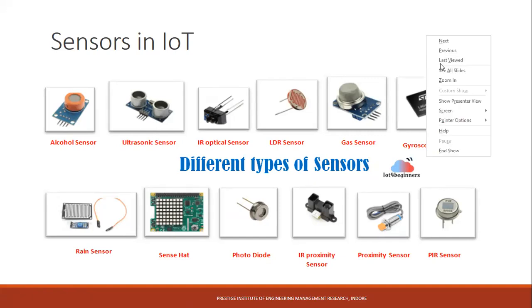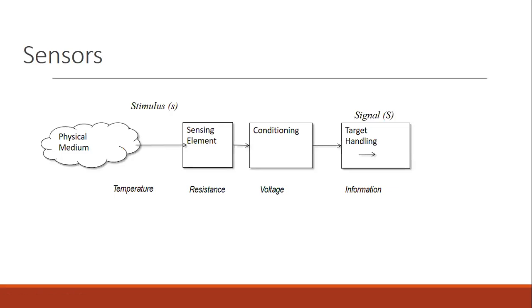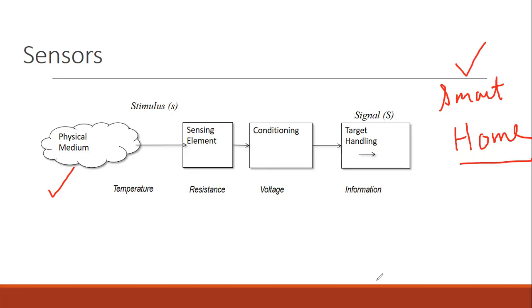So what are those blocks? Here you can see, this is your physical medium. Suppose we are taking the example of a smart home. So we are making an application or a prototype for a smart home.